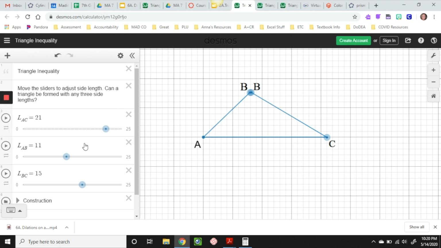You can use as many examples as you need, and the kids can manipulate this as often as they need to come up with the theorem about the sum of two sides being greater than the third. And anytime you have that scenario, then it's going to create a triangle.